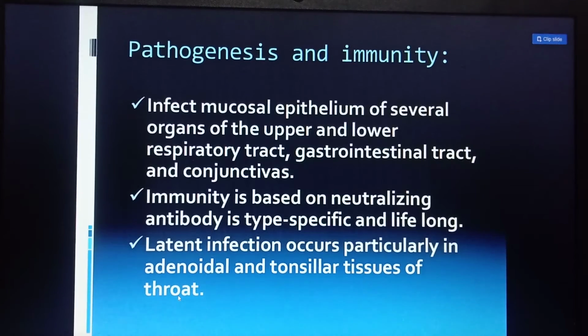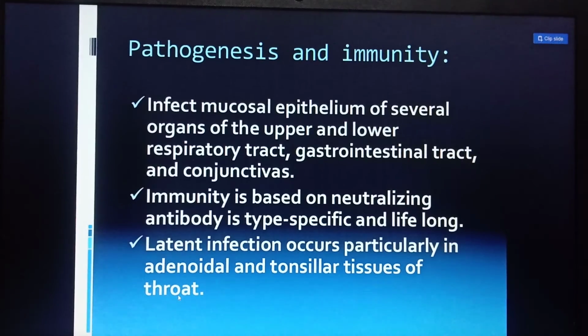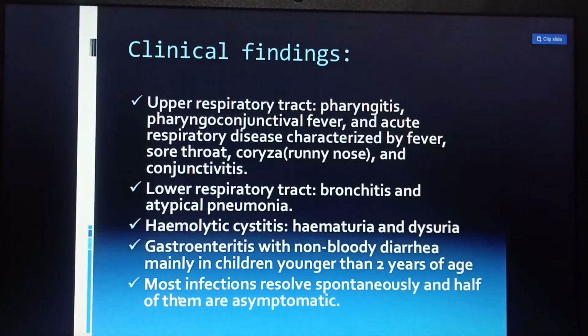It is going to infect the mucous epithelium of our upper and lower respiratory tract, the gastrointestinal tract and the conjunctiva. A person with low immunity is going to get this kind of infection, and late infection occurs in the adenoidal and tonsillar tissues of the throat.